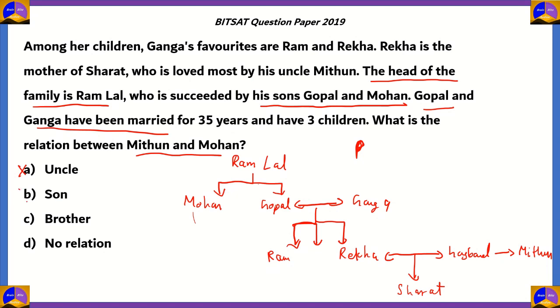So therefore option B is incorrect. What about option C, brother? That is also incorrect because it's clearly given that Ramlal, the head of the family, has two sons, Mohan and Gopal. So therefore option C is incorrect.